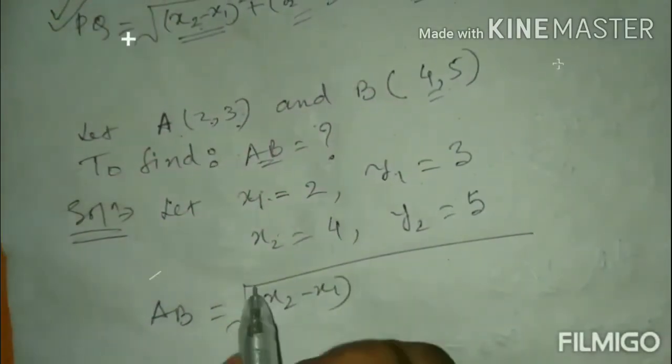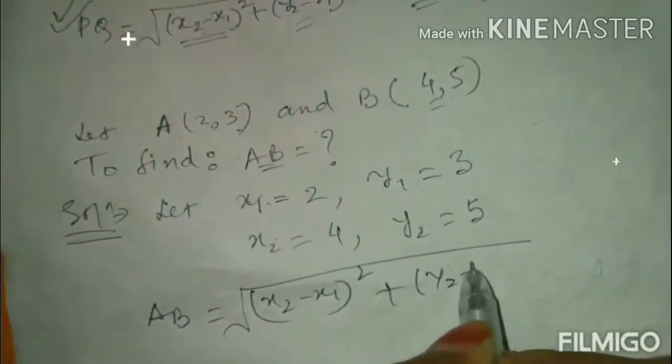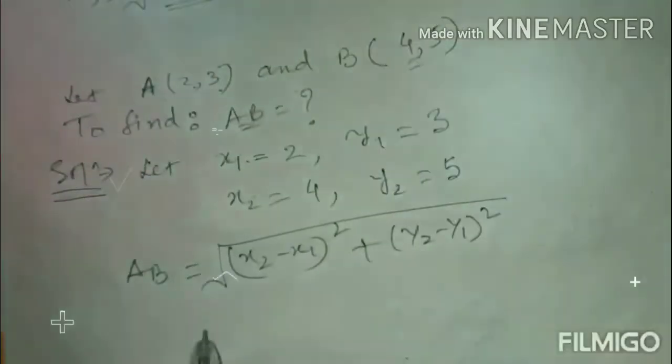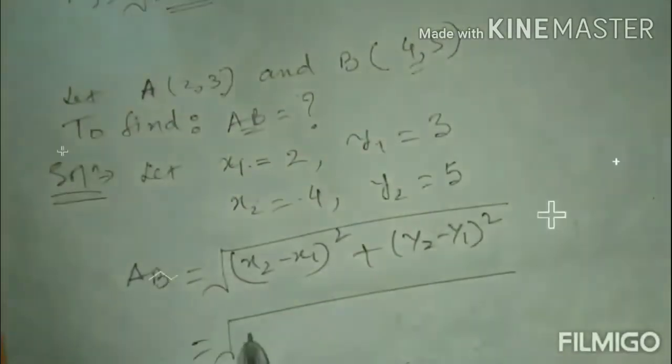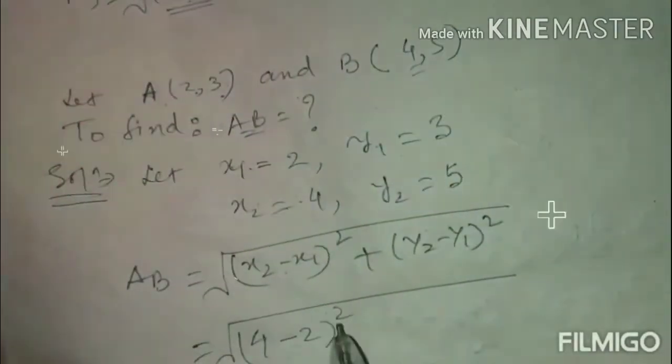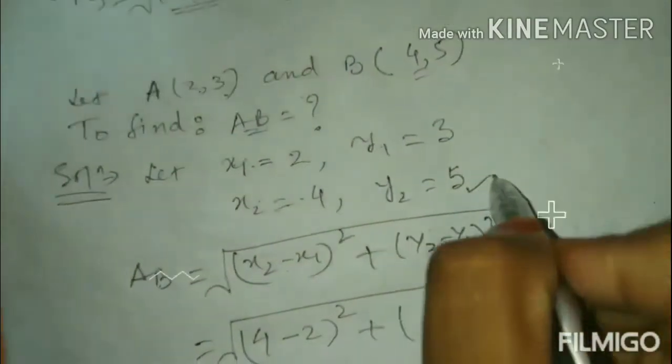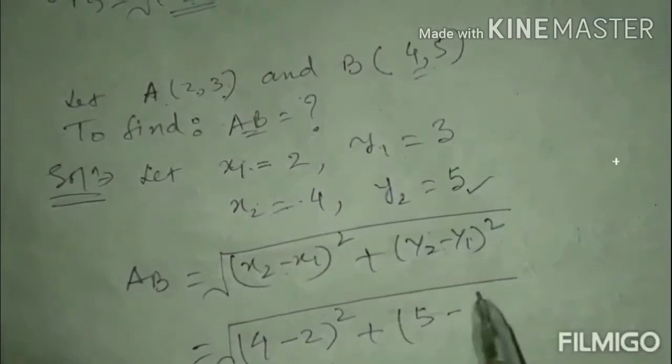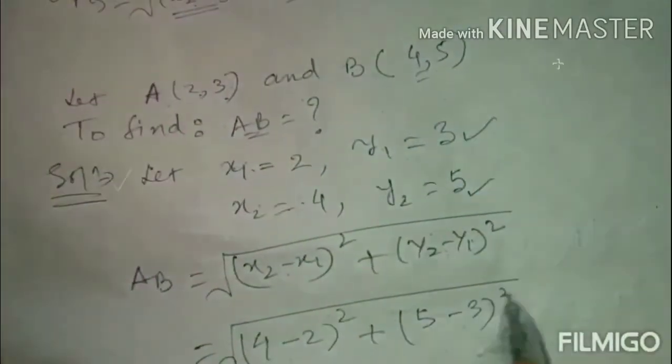First write down the formula: (x2 minus x1) whole square plus (y2 minus y1) whole square. So what do we get? x2 is 4 minus x1 which is 2, plus y2 which is 5 minus y1 which is 3, whole square.